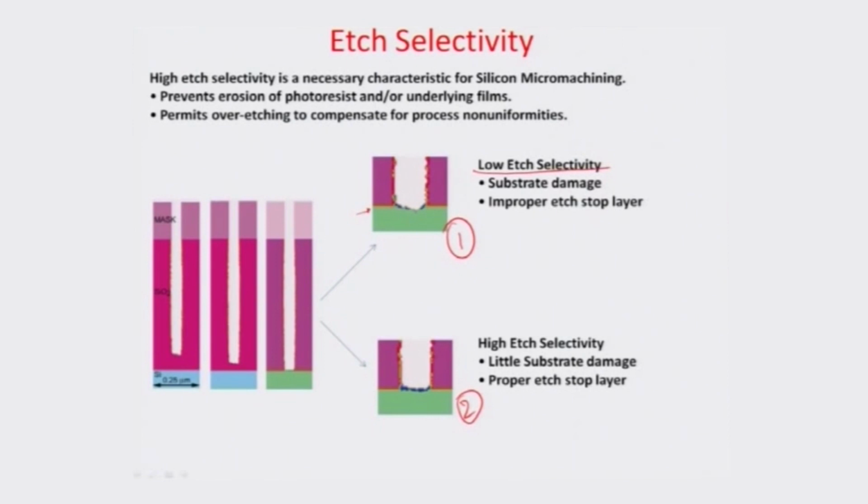Thus, even though there is a stopping yellow layer, the etchant goes and disturbs the green material and crosses the etch selective layer, whereas in case 2 it is a high etch selectivity. We can see that the etchant is more or less homogenizing the surface and it stops whenever it meets the etch selective layer. So, that is the advantage of etch selectivity. A high etch selectivity is definitely desirable for MEMS processes to maintain control on the dimensions, because the dimensions themselves are very small.